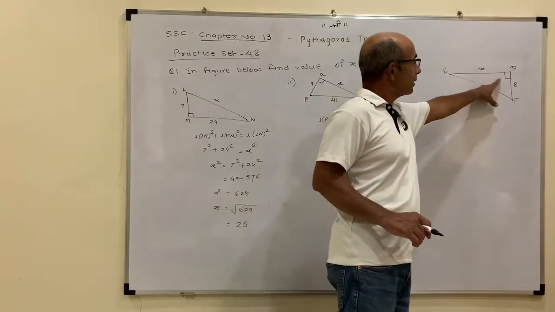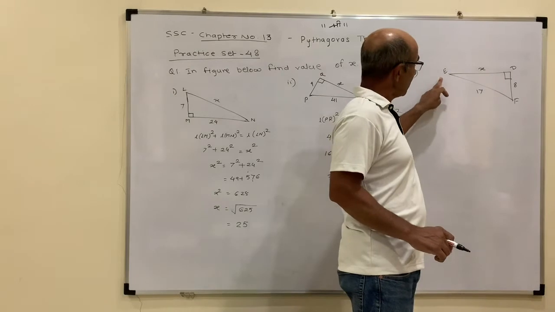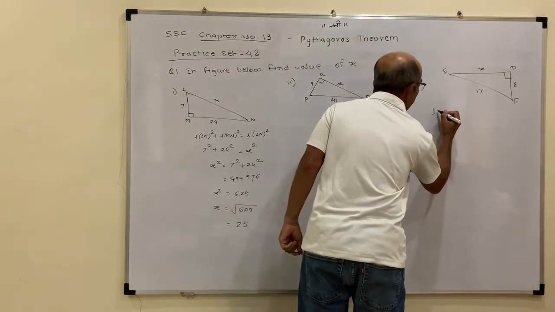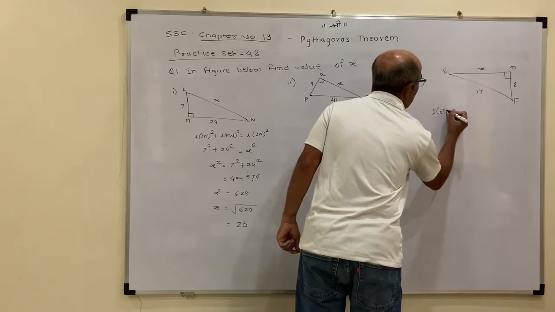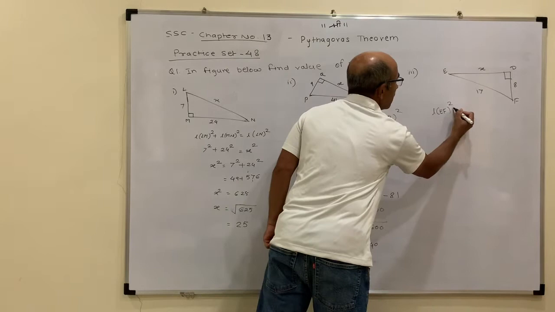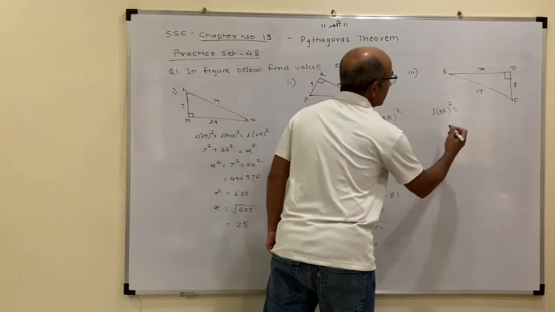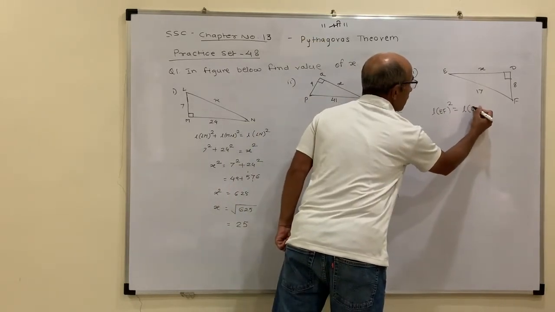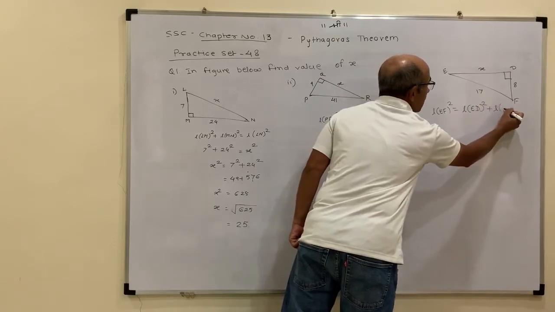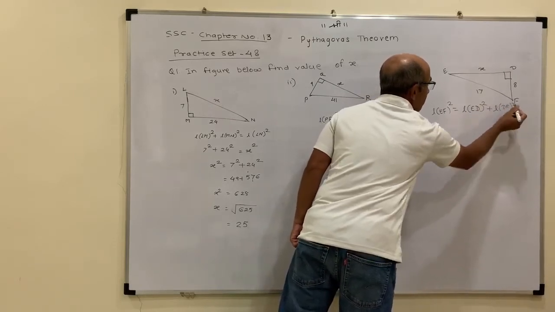The right angle is at D. So my EF is the hypotenuse. So length EF square equals length ED square plus length DF square.